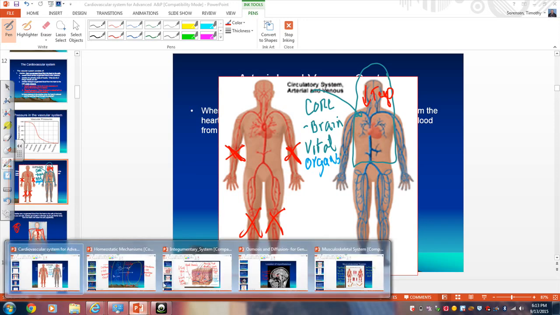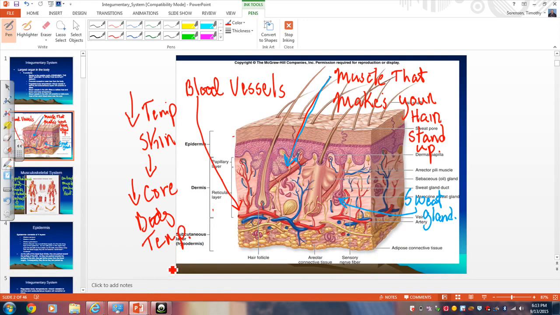Well, the hypothalamus will send signals to blood vessels in your skin and say, constrict those blood vessels, make those blood vessels smaller so that warm blood's not going to the skin. So when that happens, what happens to your skin? Your skin becomes cold, it becomes pale.